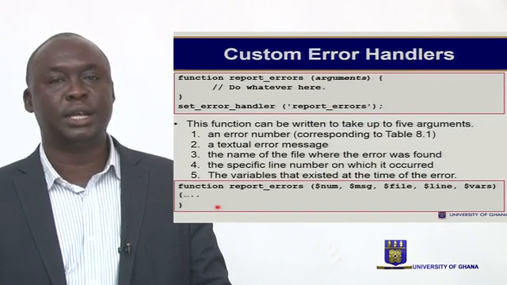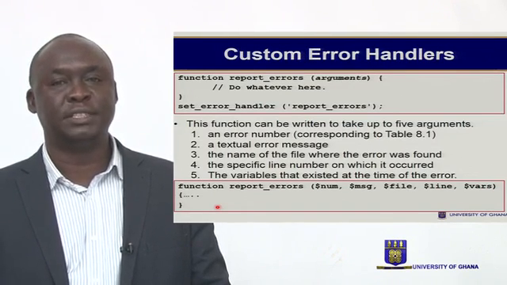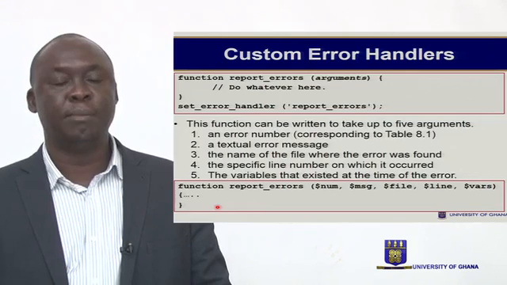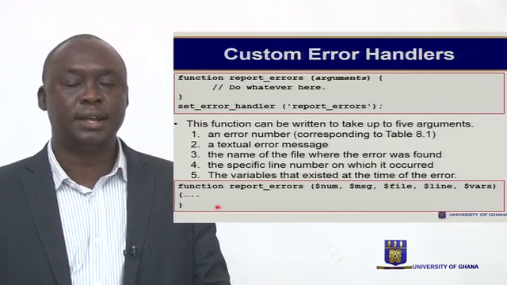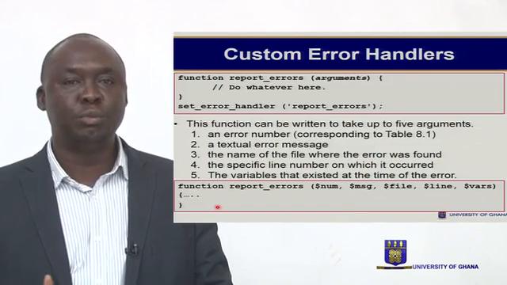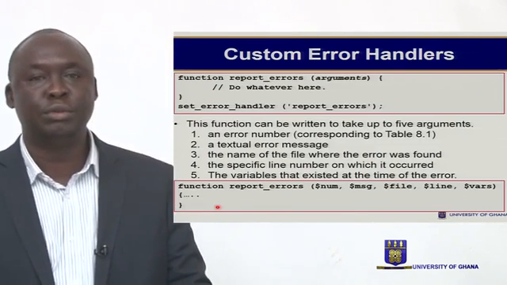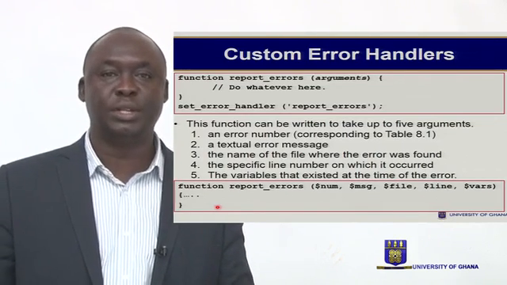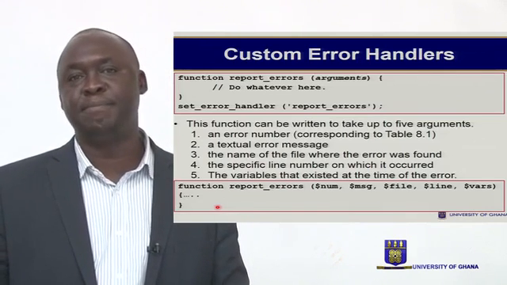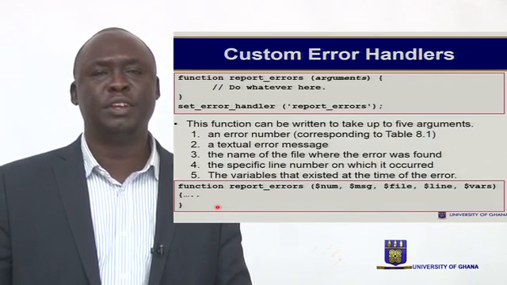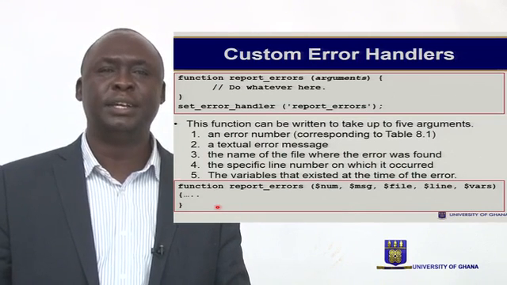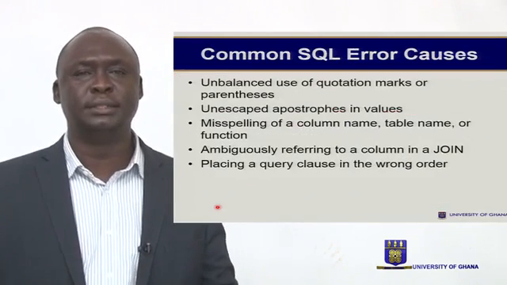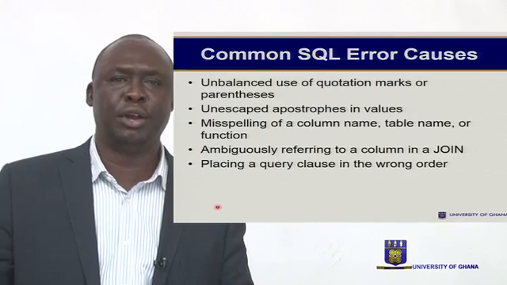The error message, which is the textual error, we have to pass to the function as well. Then the file that is giving us the error, and particularly the line number within the file that the error is coming from. So we take all these things and pass them into the report error function, and then we handle inside the function how we want the error to be presented, either on a different page, or we want to give a beautiful flower to the user and say nothing happened, just wait next time, so that the user wouldn't see the error and wouldn't be angry. So you can do custom handling of your errors.